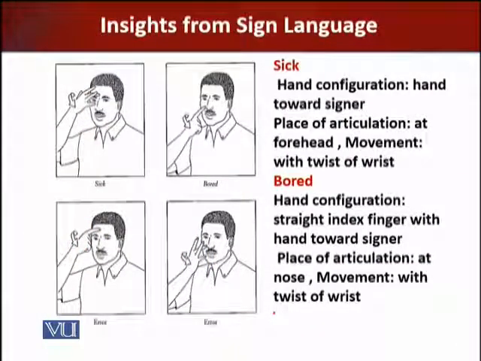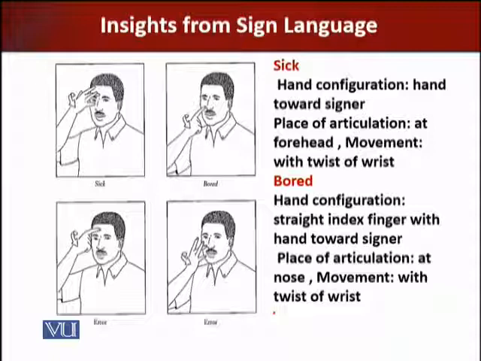Newkirk, Klima, Pedersen and Bellugi found some fascinating evidence that slips of the hand, similar to slips of the tongue, take place with deaf signers as well. Newkirk and colleagues analyzed the errors in terms of the parameters of American Sign Language: hand configuration, place of articulation and movement, to assess whether sign parameters also appear to be independent units of production.